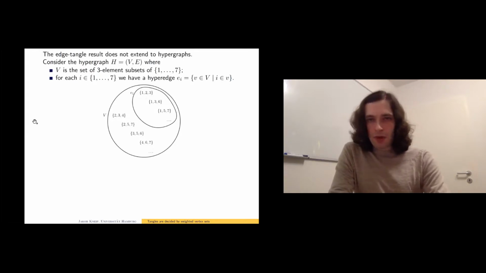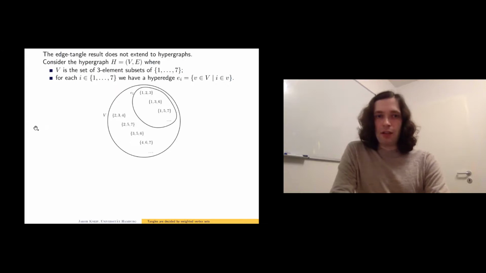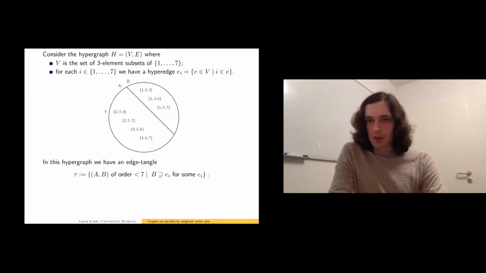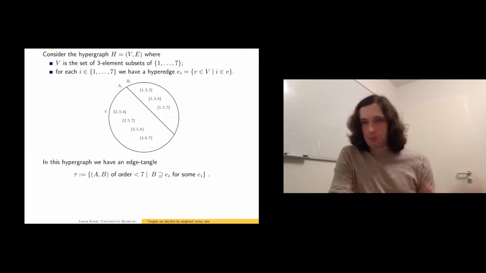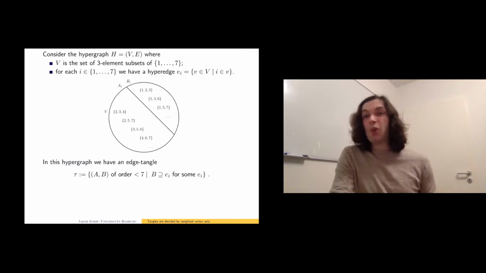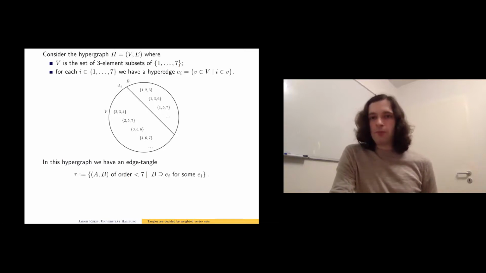And in this hypergraph, there's an edge tangle, which we can define the following way. So for each cut of order less than 7, so this means for each cut that misses one of these hyper edges, and once more, by the definition of these hyper edges, this means for each cut where there's some integer that appears only on the tuples of one of the 2 sides of that cut, we say that that is the big side.